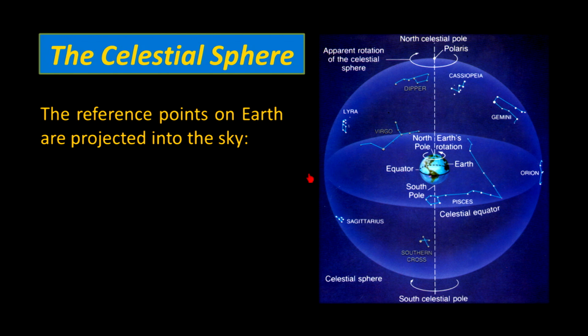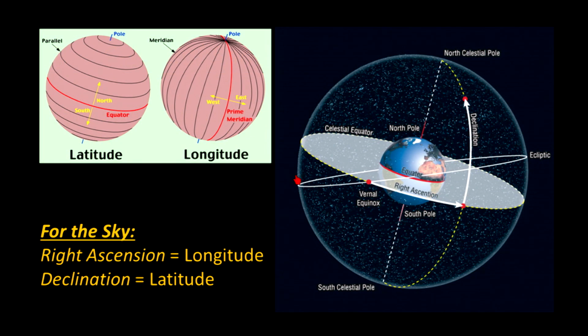Now what we do next is we do almost the same thing. We use a coordinate system on the sky that is very analogous, or just like what we do on Earth. On Earth, you move away from the equator towards the pole, you're moving in what's called latitude. But on the sky, when you move from the celestial equator towards the North Celestial Pole, you are actually moving in what's called declination.